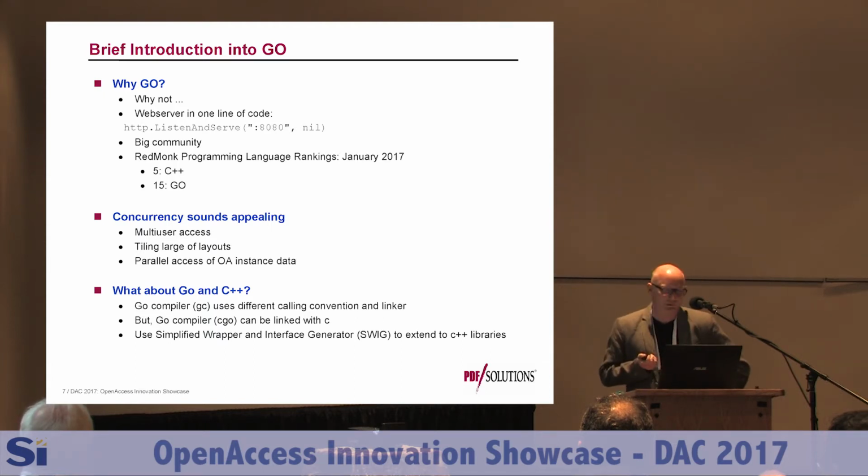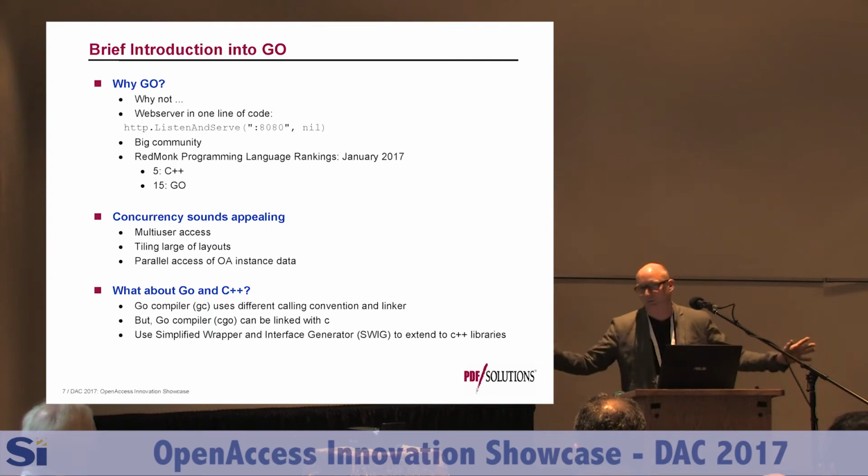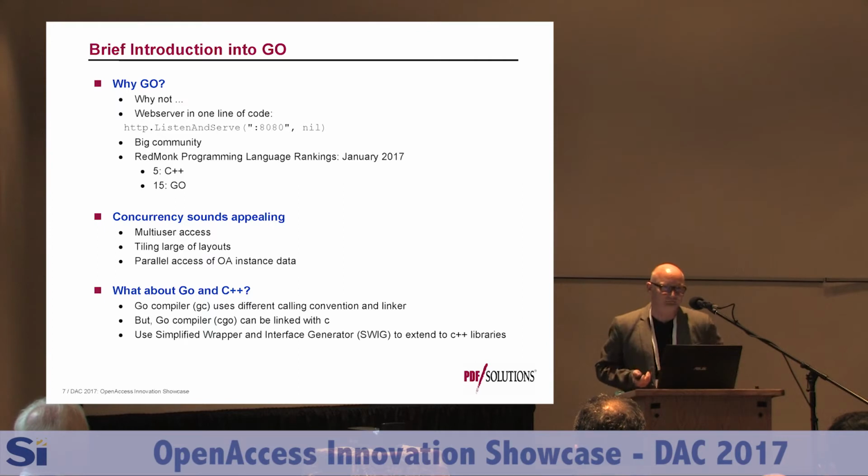That might be helpful. Or we can even do cooler stuff by accessing instance data concurrently. Instead of reading it sequentially through the hierarchies of OpenAccess, we just go massively parallel. Give it 100 CPUs and let it rock. And that was the initial idea.